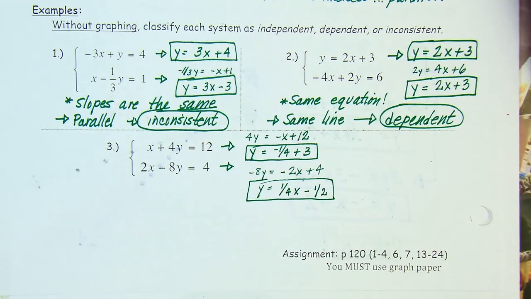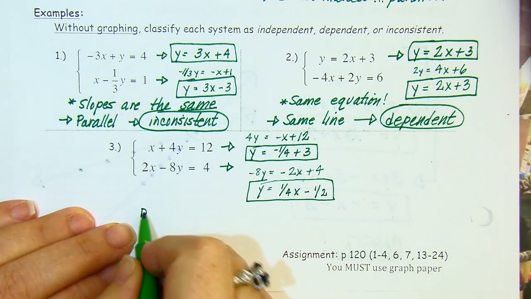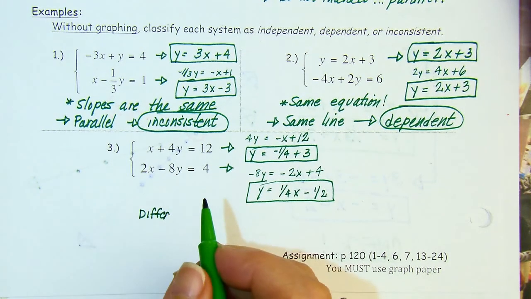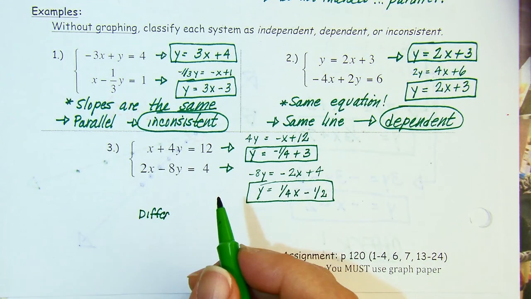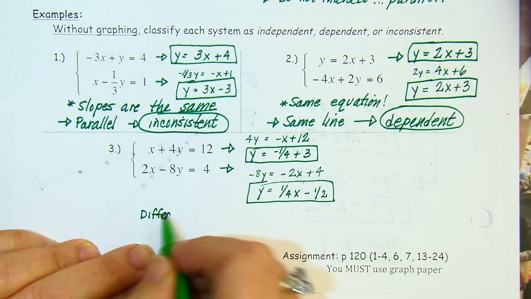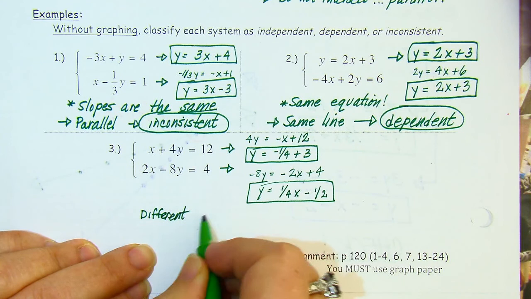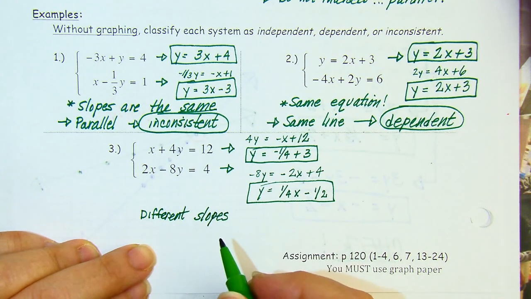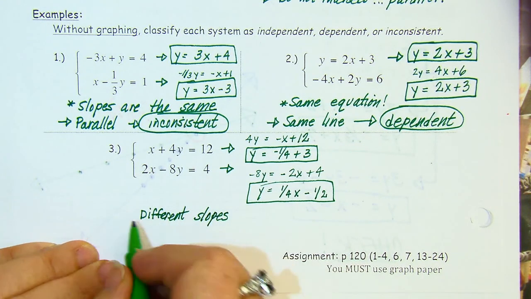Now notice, the slopes are not the same. The y-intercepts are not the same. So because these have different slopes, so again, sorry I had an interruption there. Because the slopes are different, we say this system will have one unique solution.